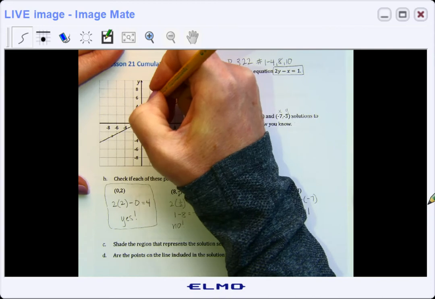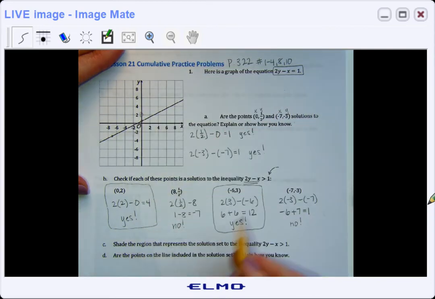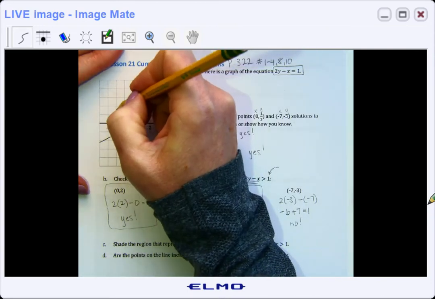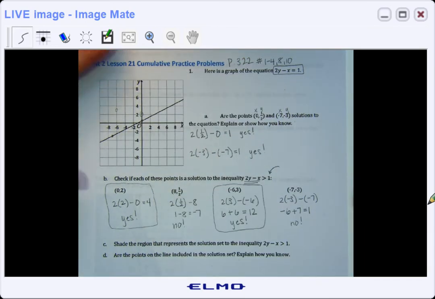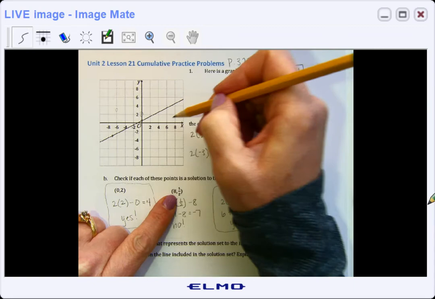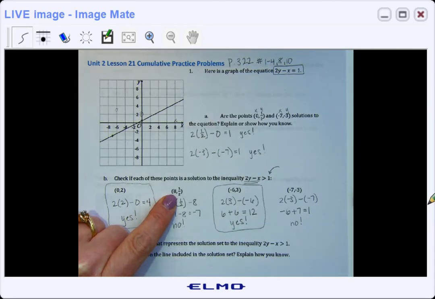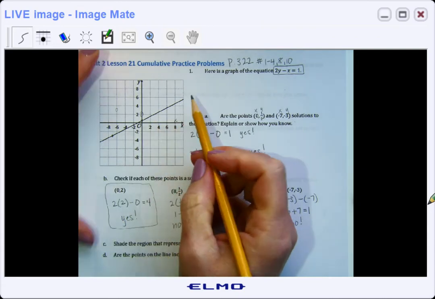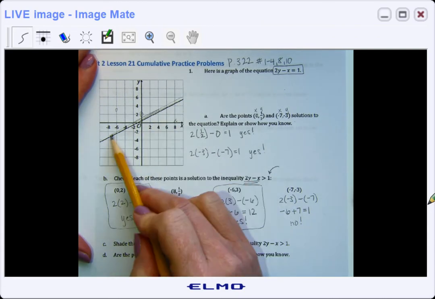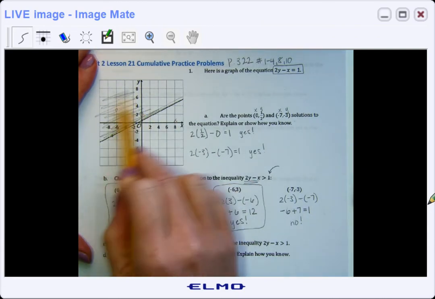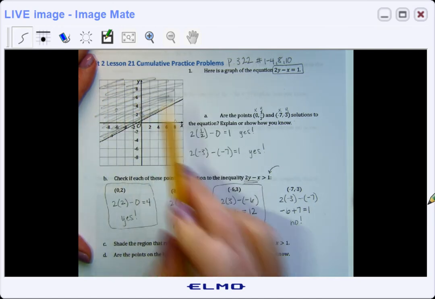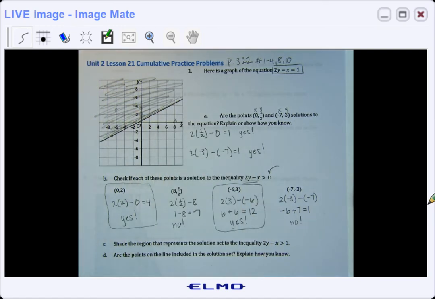So 0, 2 is here, and negative 6, 3 is about here. And they're both above the line. And then just to double check, 8, 1/2 is over here. So I can even see it's not on the same side of the line as the points that were solutions to the inequality. So that's the side of the graph that we're going to shade.